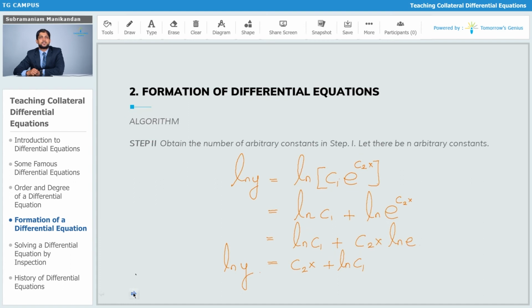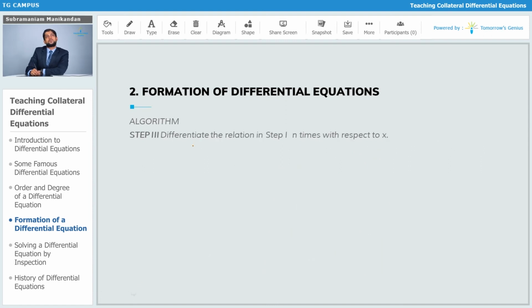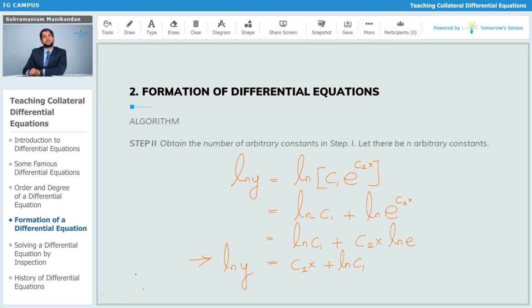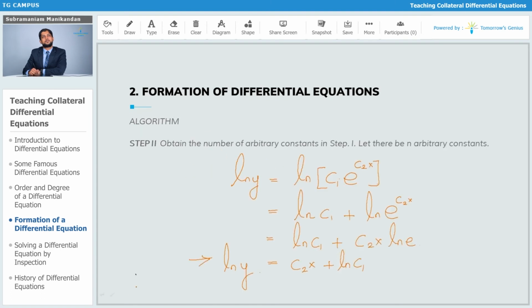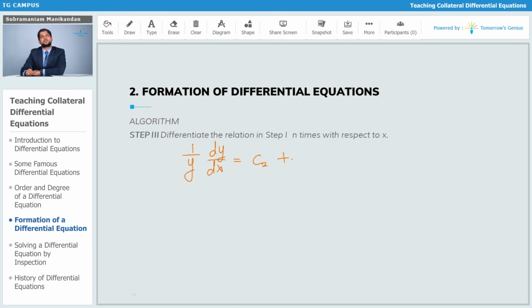So the first derivative gives us 1 upon y dy by dx is equal to the derivative of c2x, which is simply c2, plus log of c1 is a constant, so its derivative is 0.